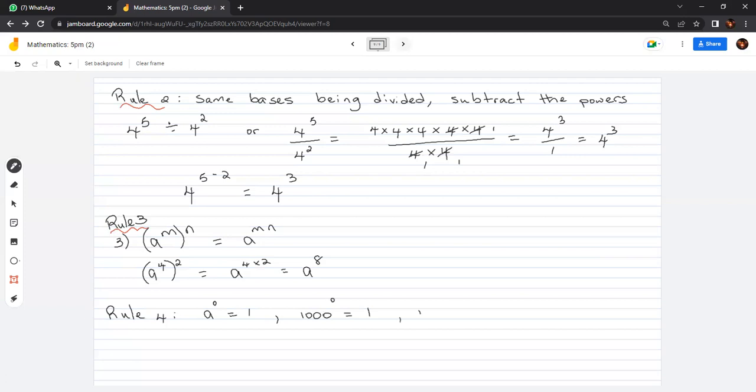It could be b to the power of 0. It's 1. It could be a times b, all to the power of 0. That's 1. Anything raised to the power of 0, it's 1.